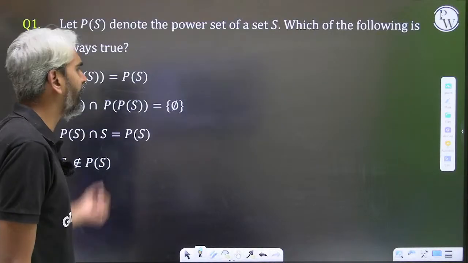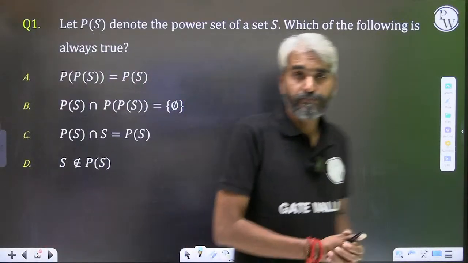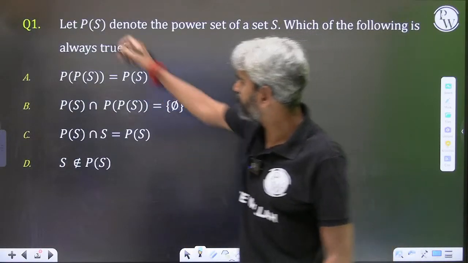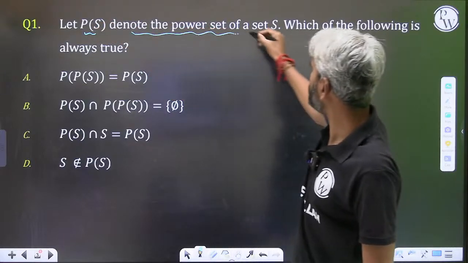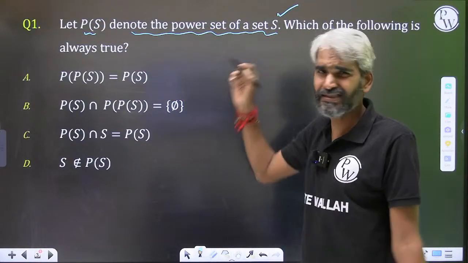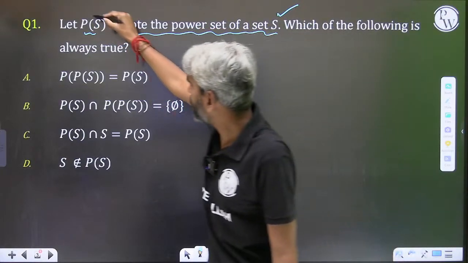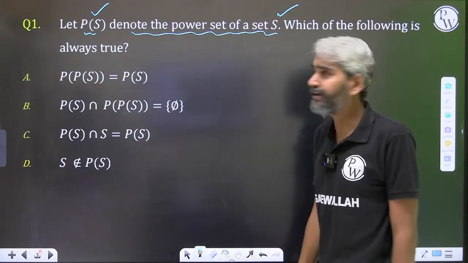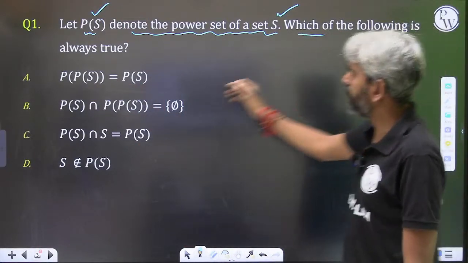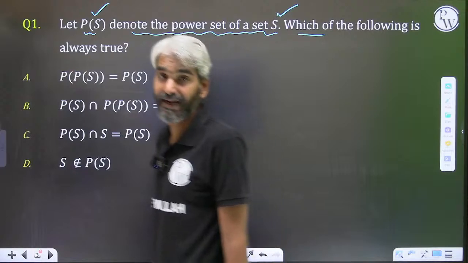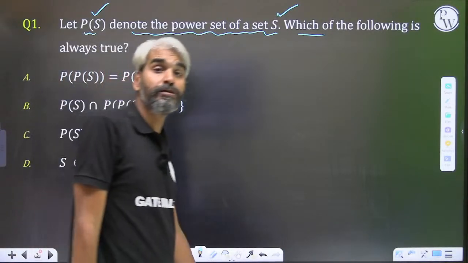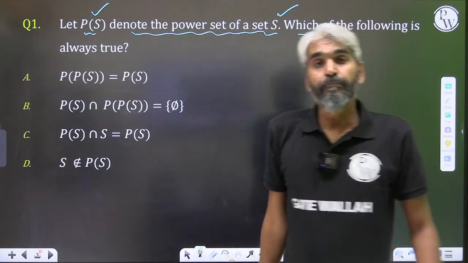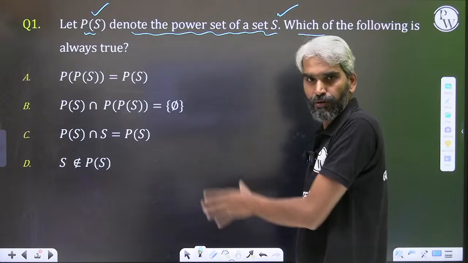In the last session, I gave you a homework problem. Let P(S) denote the power set of a set S. So there is a set S, whatever the set is, and there is a power set of that given set. Now, which of the following is always true? Please try to understand why I gave you this problem. This is actually a GATE problem.